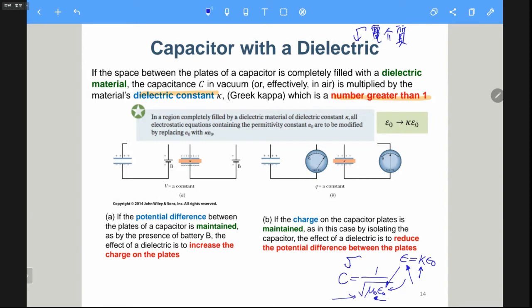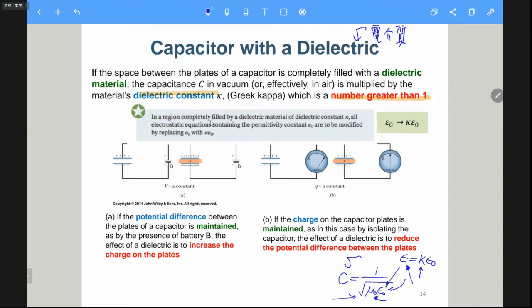So we have the dielectric constant kappa and the permittivity. Sorry, not permittivity, permeability should be the mu naught. The permittivity of the dielectric will be kappa epsilon naught rather than epsilon naught only.